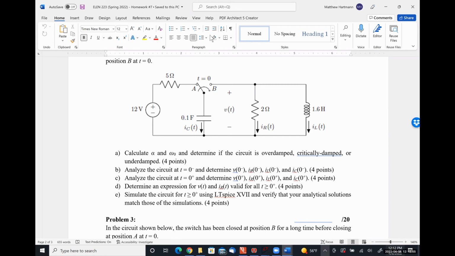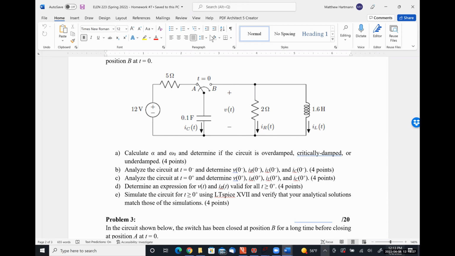Now the simplest one, let me restate that slightly. The simplest way to do it is to take the voltage drop over the capacitor and then divide that voltage by the 2 ohms. And that gets you the current by Ohm's law. An alternative way that absolutely works, but is definitely more tedious, is to apply KCL and say the capacitor current minus the inductor current, apply KCL at this node and then solve for IR directly without using Ohm's law.